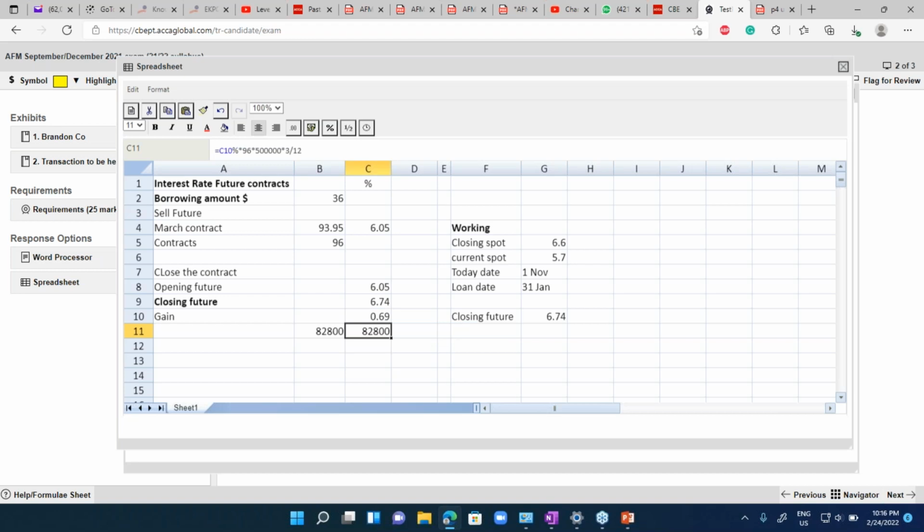That gives 82,800. Another way is to convert this 0.69% into 69 ticks into tick value 12.5 into number of contracts, 96. It's up to you which calculation to use.